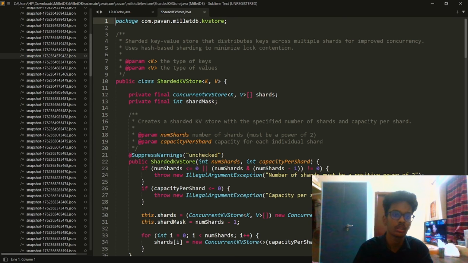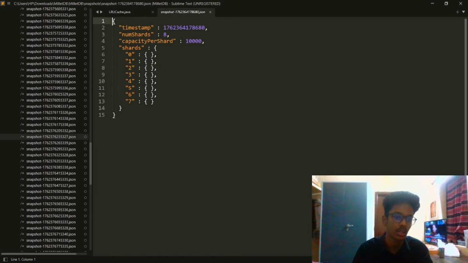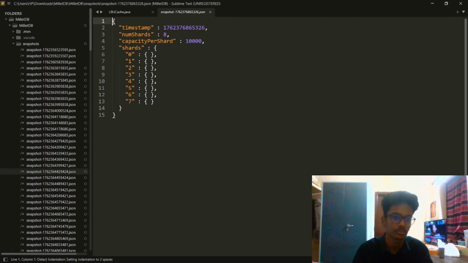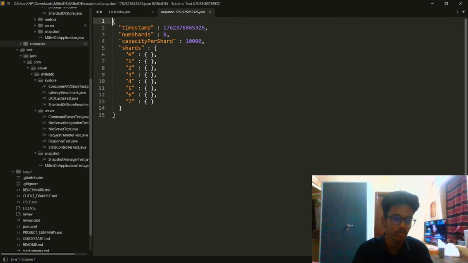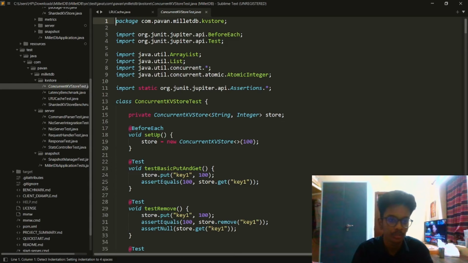And if you open any of them, you get the shards which took place and timestamps, etc. So this is one feature, and we are done with sharding. LRU cache also has a latency benchmark, and you can view the stats anytime.